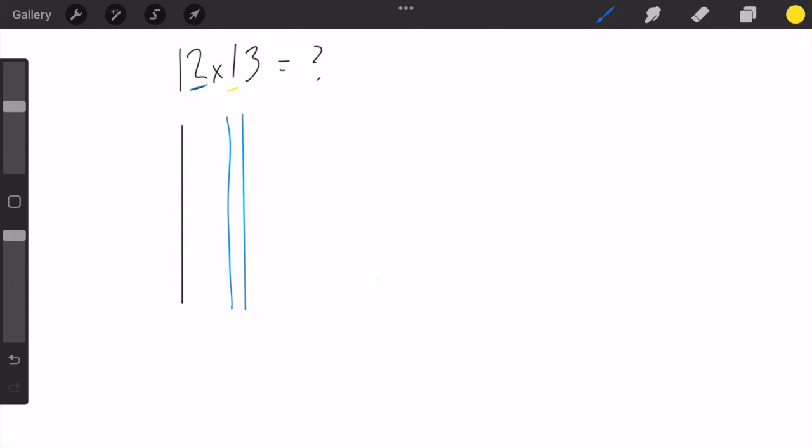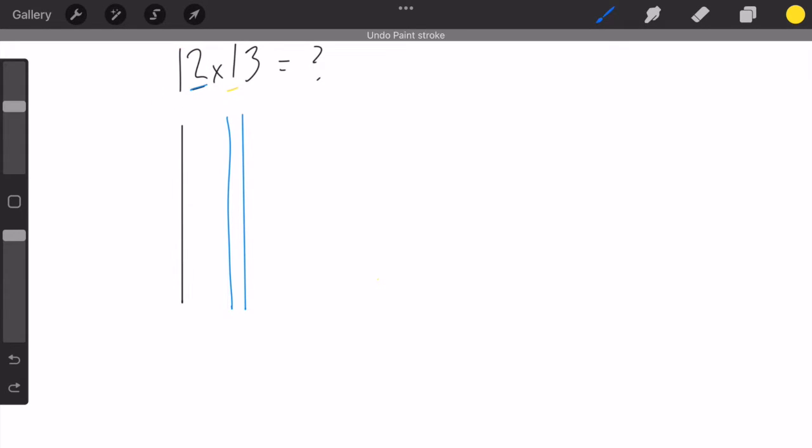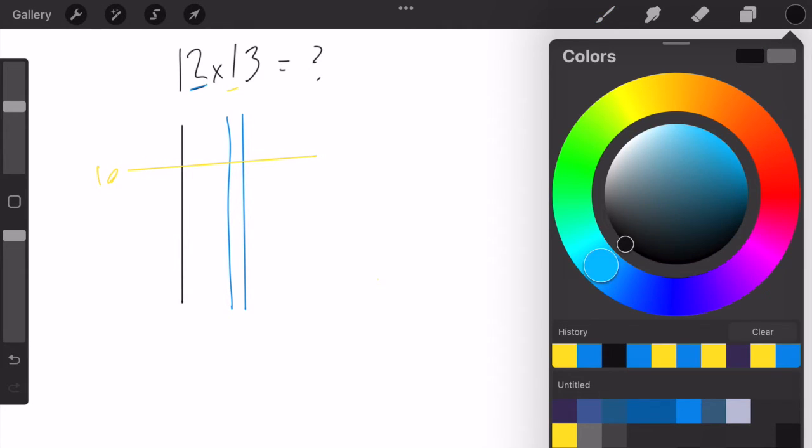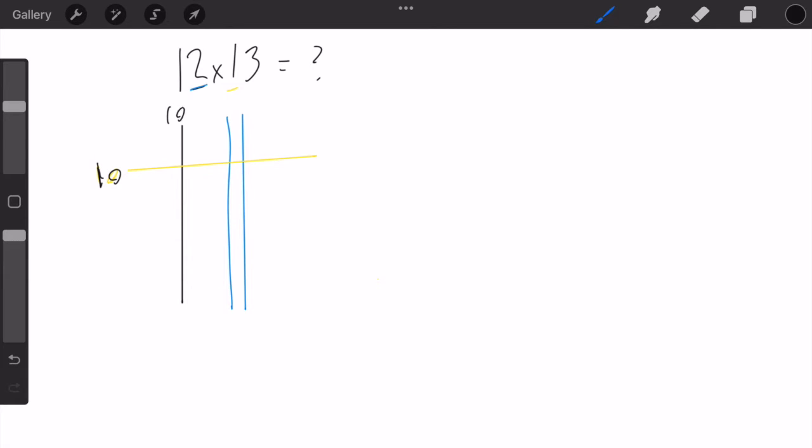We want to draw these horizontally, so they intersect with the lines we drew for 12. This is the tens line here. This represents 10. Actually, it might make this easier if we just write in what they all represent. 10, 10, 1. And then we have our next one, which represents this 3 here, the ones column, and we'll draw 3 lines to represent that, and that's the 1.